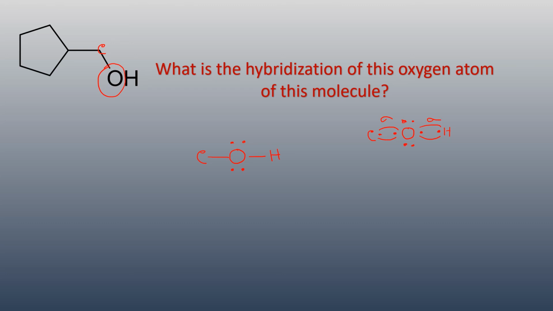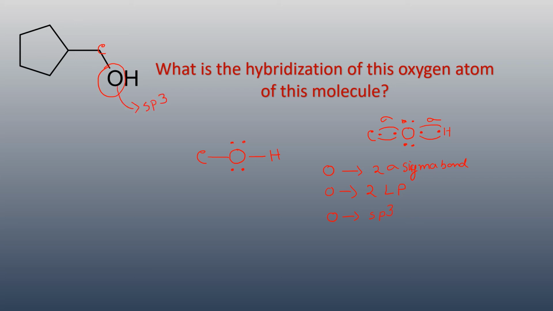So now in this molecule, oxygen has 2 sigma bonds and oxygen has 2 lone pairs. So that means oxygen has 4 hands. So here the oxygen atom is sp3 hybridized.